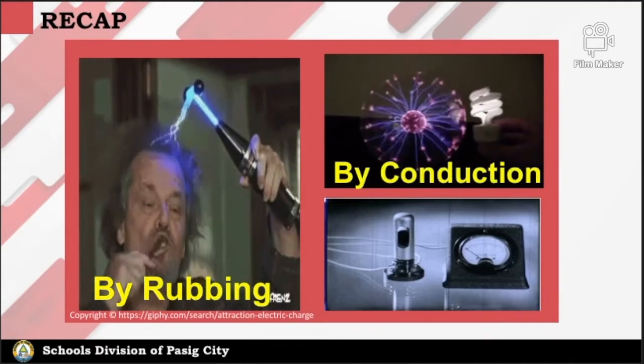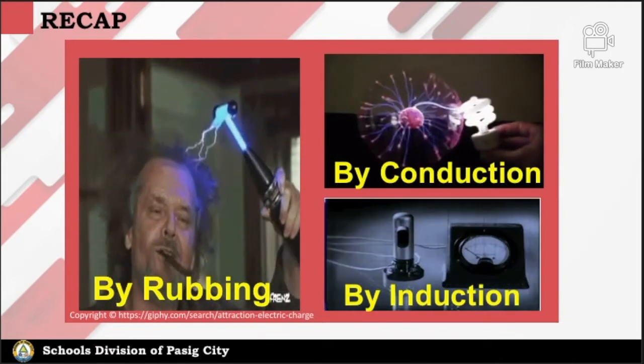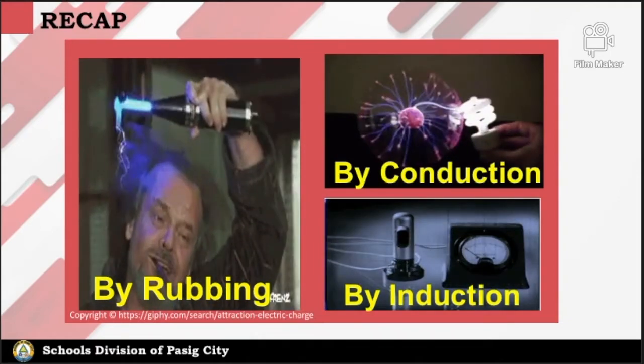We also observed and experienced how charges transfer from one object to another. As you can see on the screen, the processes by which we can charge an object and transfer charge from one body to another are rubbing, conduction, and induction.